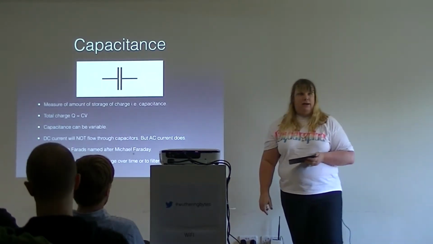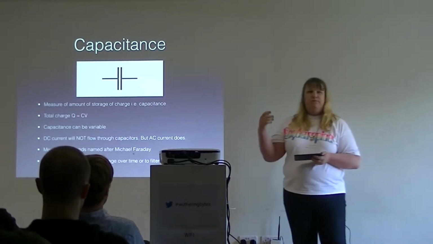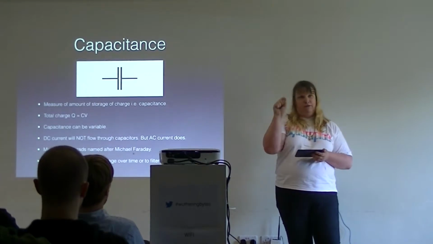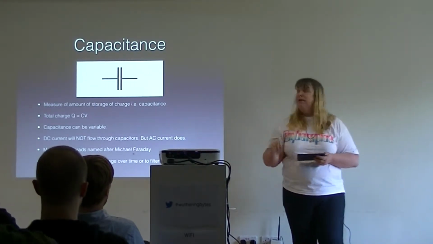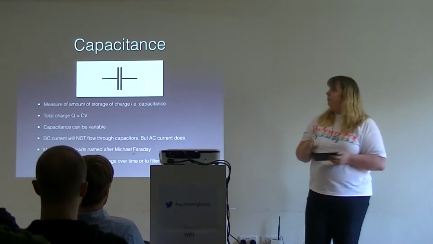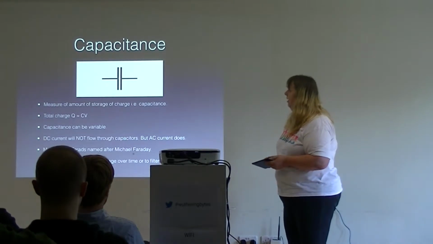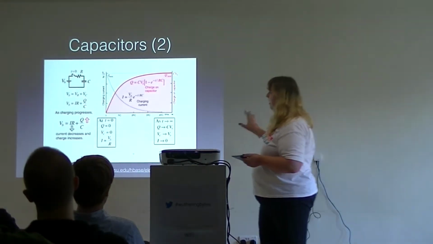You use it for current over time of voltage. We use it for filtering, so you quite often see every little integrated circuit will have a small capacitor next to it to help smooth out the power supply to that chip. This next slide will look quite over the top, but don't worry about all the numbers.